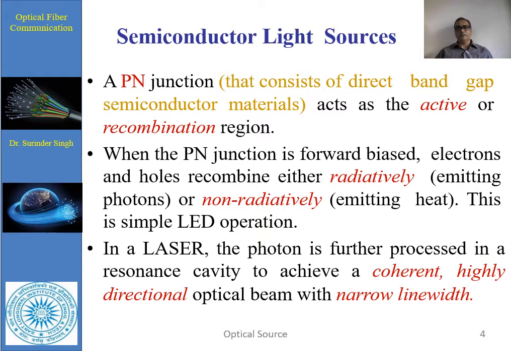When an injection current is applied, recombination takes place in the recombination zone. The PN junction must be forward biased in order to emit, with free electrons and holes recombining either radiatively or non-radiatively. The radiative and non-radiative recombination decide the efficiency of the LED.